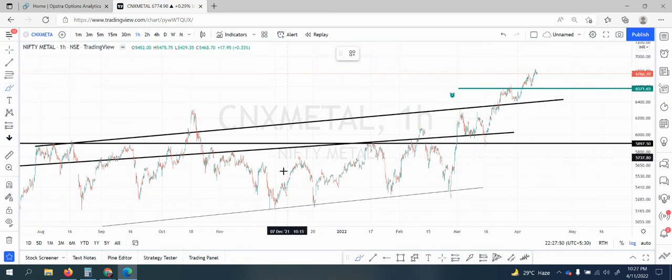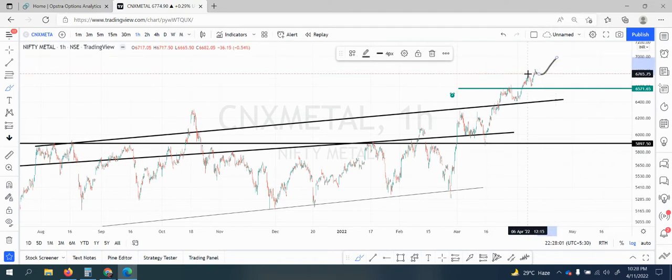So this is where the CNX metal sector stands. My view is that maybe the metal sector can bounce back from here, because we have a previous resistance, which will act as a support. If not, it might come, take the support of the previous resistance, and bounce back from here.